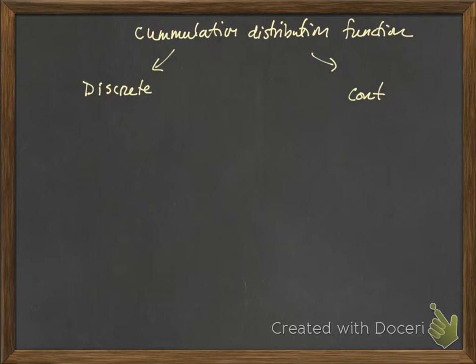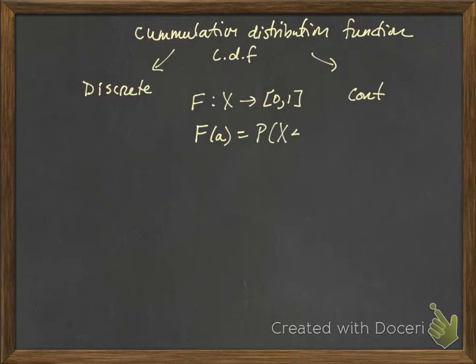This is our CDF, and it is a function that goes from our random variable to [0, 1], but its meaning is different. It's the summing up of probabilities. So we say big F of a is the probability your random variable is less than or equal to a. That's true in both the discrete and continuous case.